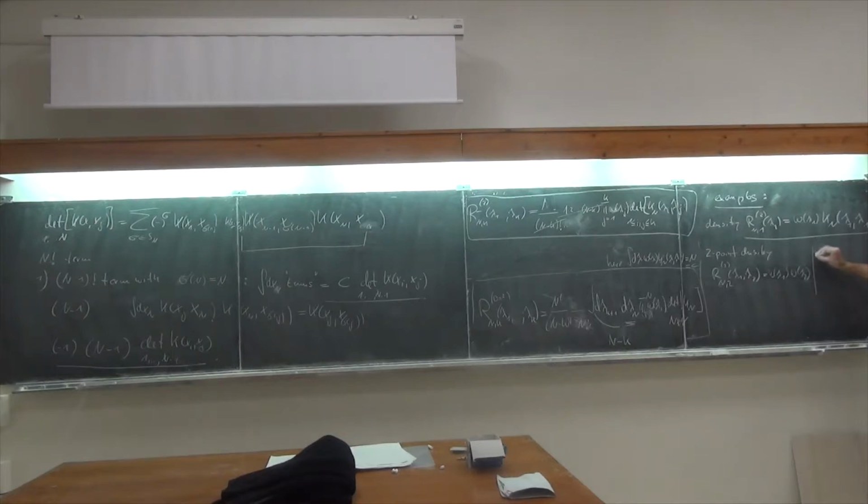So K_n(lambda 1, lambda 1), K_n(lambda 1, lambda 2), K_n(lambda 2, lambda 1), and then K_n(lambda 2, lambda 2). Okay, so this is simple. So you see the diagonal dressed with the weights will just give the density at lambda 1 times the density at lambda 2.